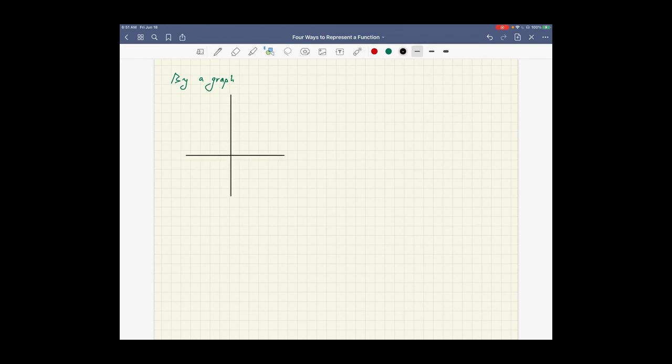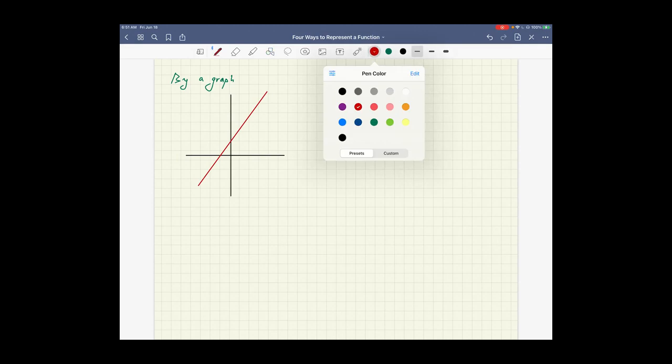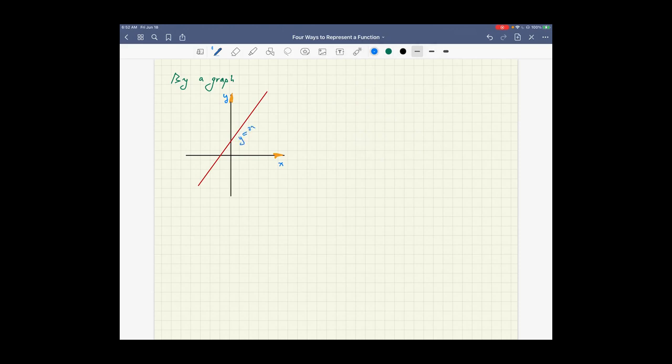This graph here actually is the graph of the function 2x plus 1.